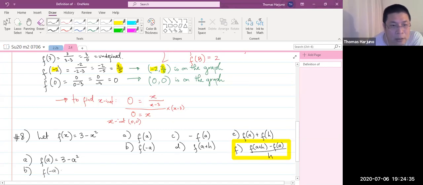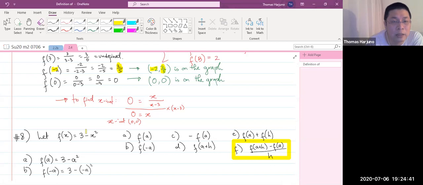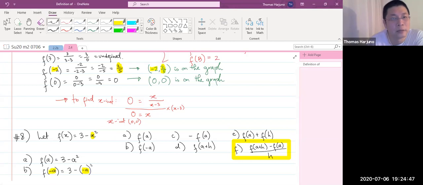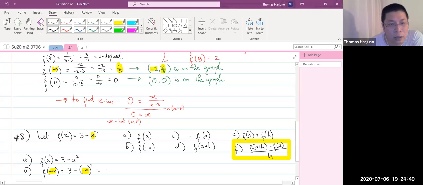So I replace the x by negative a, right? Replacing this x here by negative a. Negative a squared, so it is 3 minus a squared.